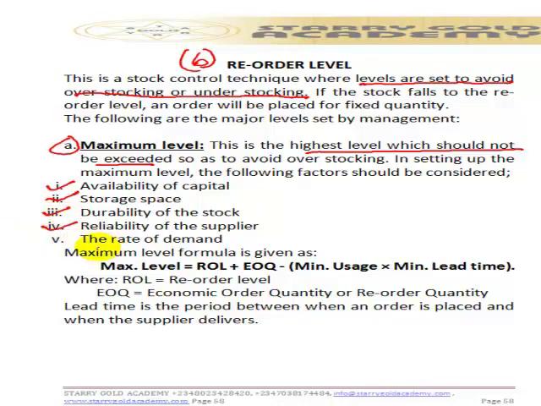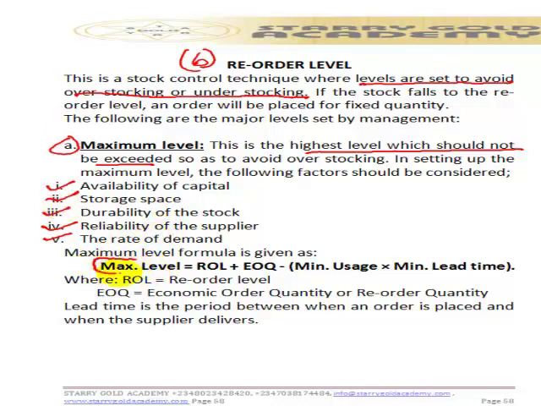Reliability of the supplier. Can we rely on the supplier to give us materials as they are needed? The rate of demand. How often do customers request for supply of our materials? If we are able to understand this, then we can determine our maximum level.